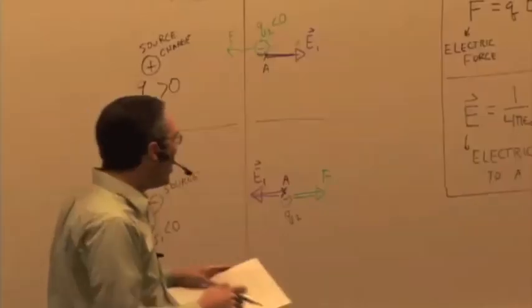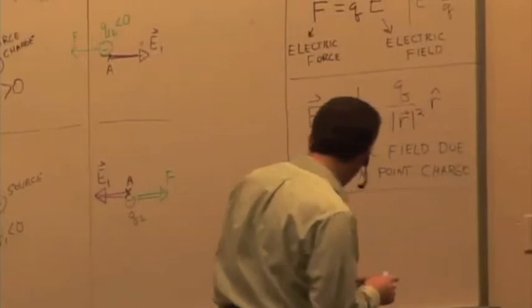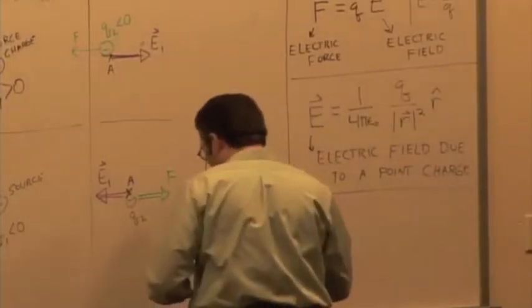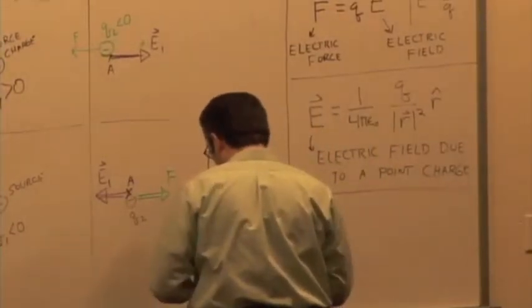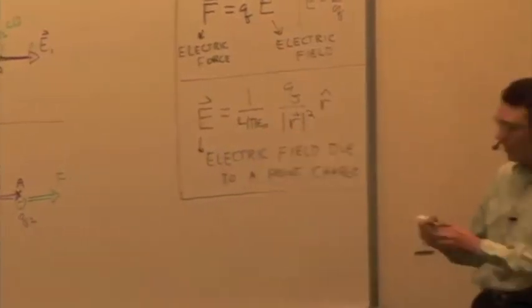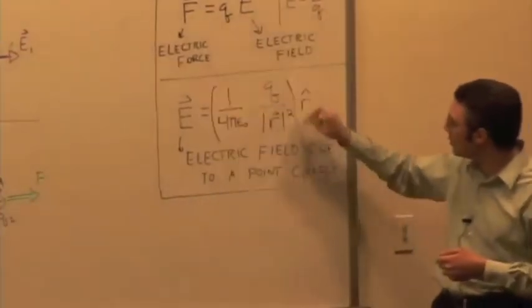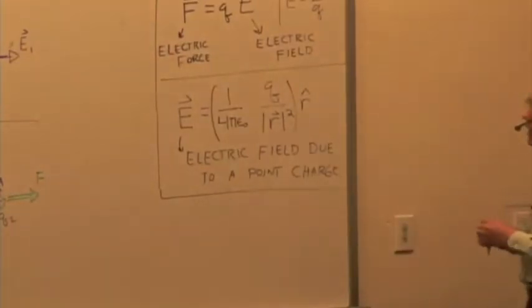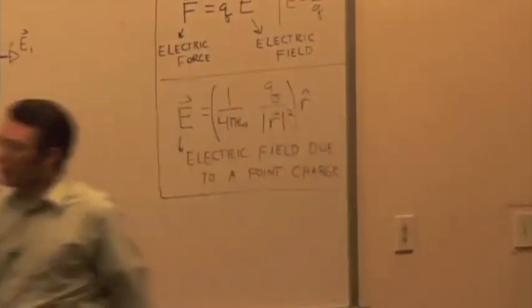Yes. Well, I'm basing it off of here, right? Because this comes back to how we are determining that the electric field due to a point charge is from this formula, okay? So think about how we determine this.